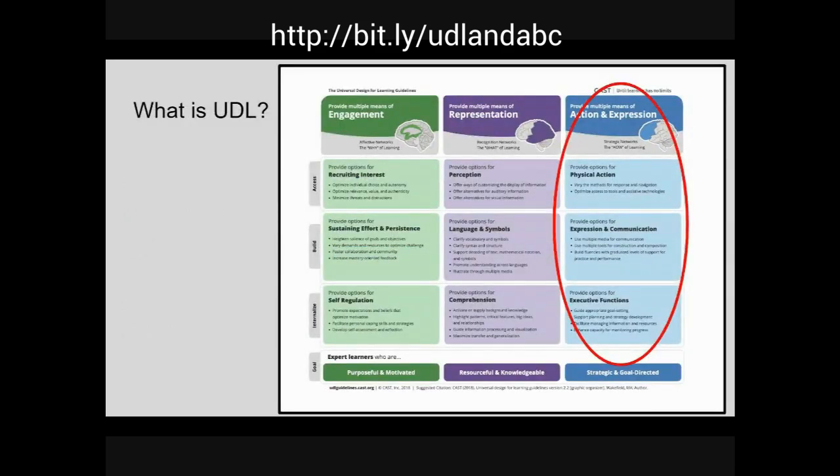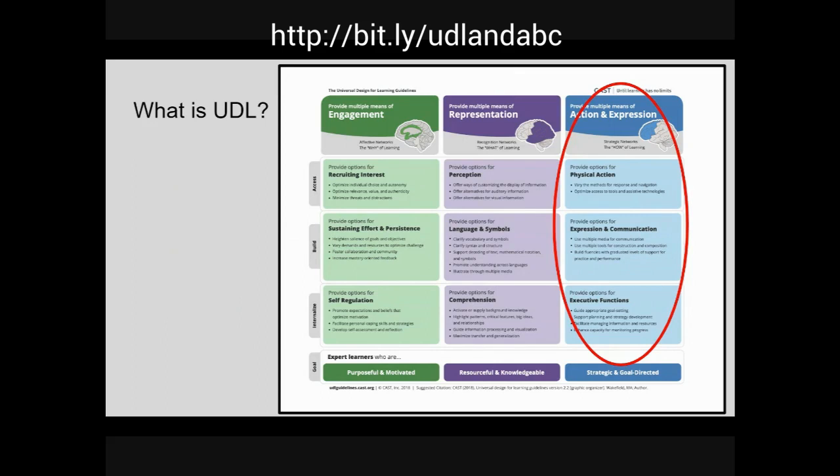This is Universal Design for Learning. Many of you are probably familiar with this framework, but it promotes access to curriculum for all students. So how can we change the way we are presenting information so the student may be more engaged with the lesson?